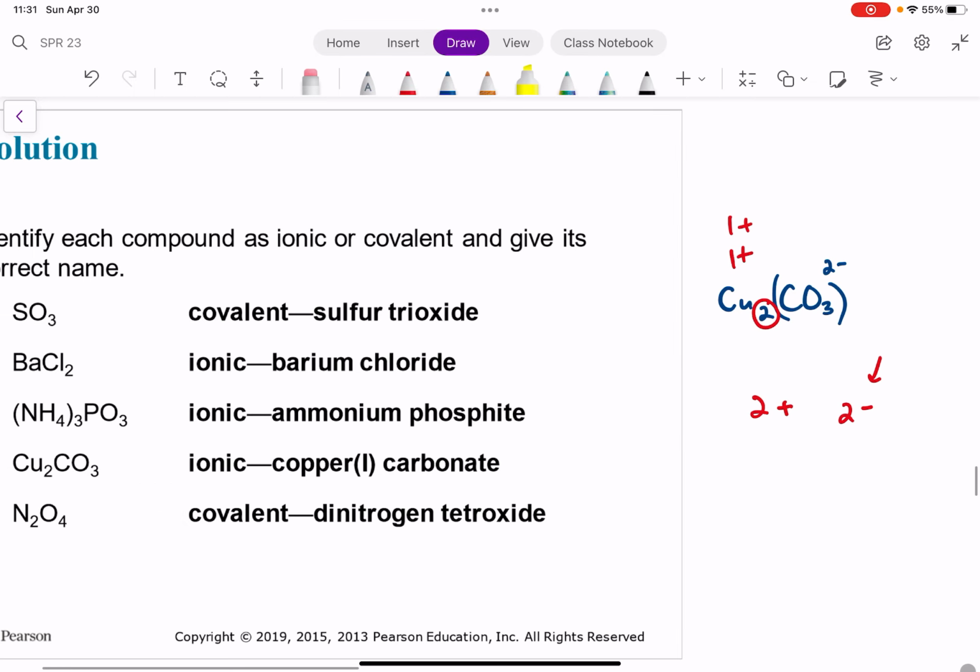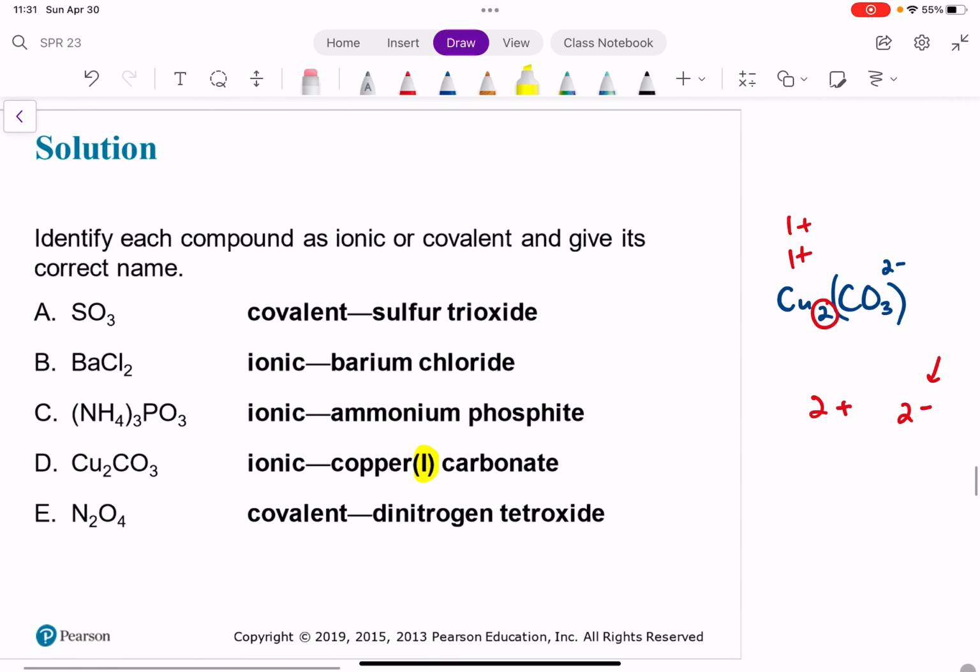So that's how we knew that we got that 1 there for our Roman numeral. And the only reason we have that Roman numeral there, remember, is because copper is a transition metal, so it can form different types of charges. So we need to indicate that.